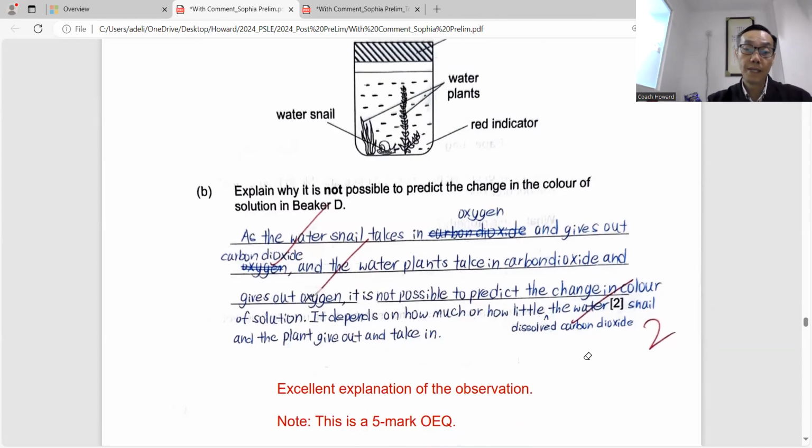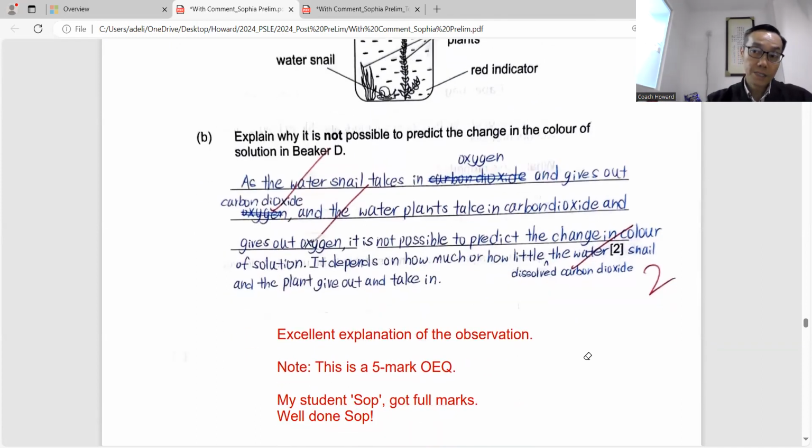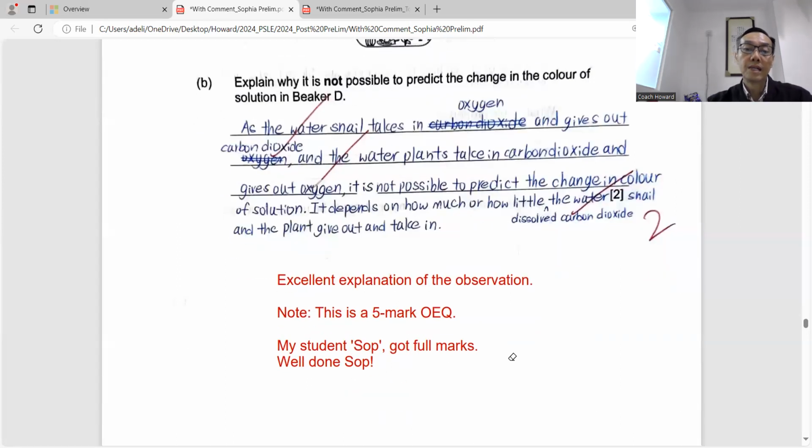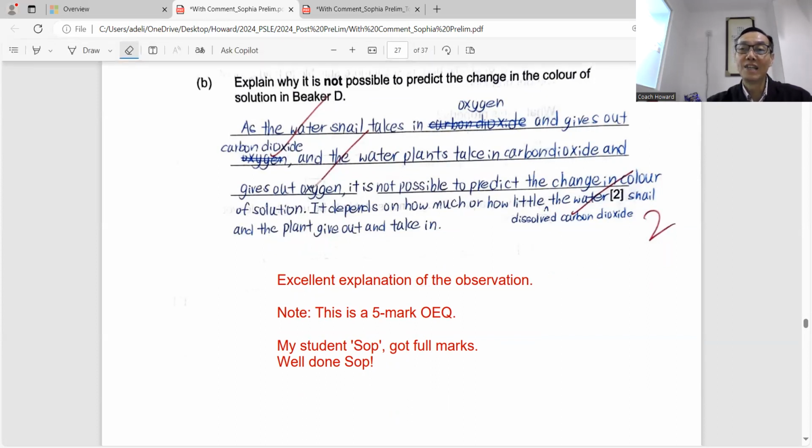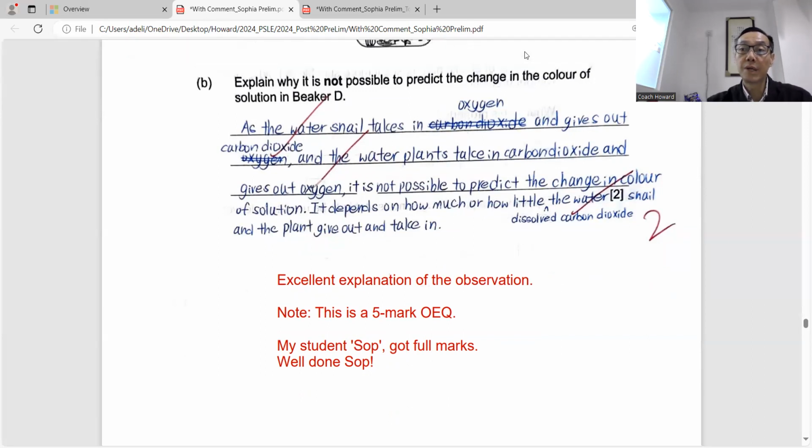So I gave her a comment, and she gave an excellent explanation of the observation. And this is the 5-mark question in the PSLE Section B. So I put her with this nickname to protect her identity for this question. I'd like to congratulate her, and I believe that you can also likewise answer very well in such experimental design questions.